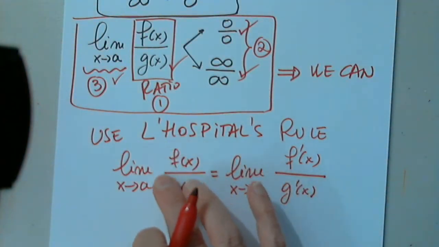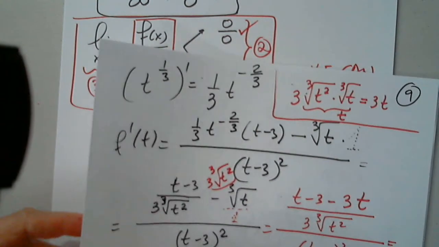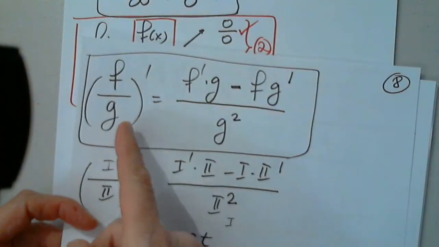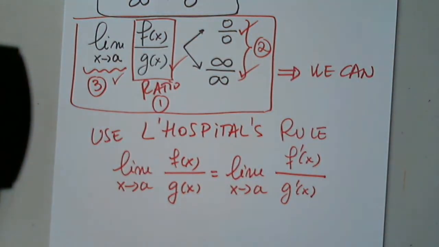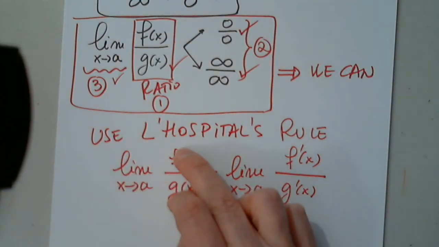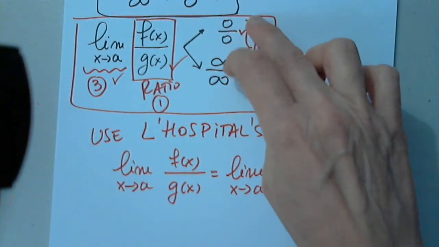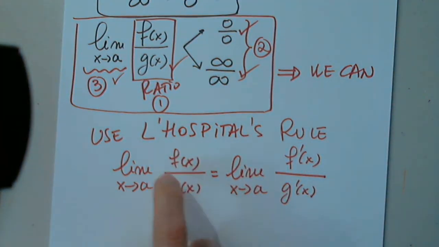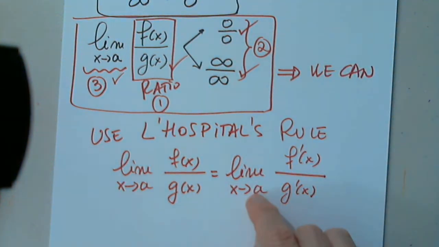We are not differentiating the quotient. We cannot. The quotient rule is very clear. The quotient rule says this, but not when there is a limit in front. If there is a limit in front, and we encounter one or the other of these situations, ratio, limit, and one of these two, we are allowed to keep the limit.